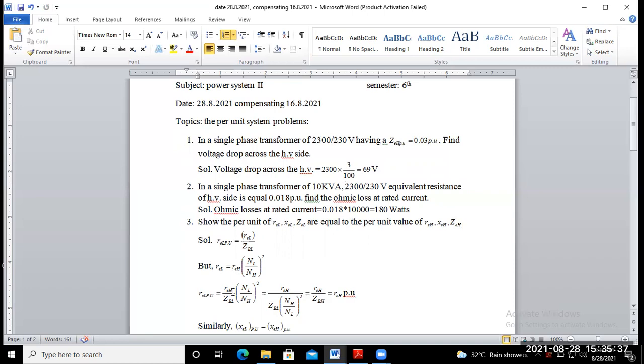So REH into NL by NH whole square, divided by ZBL, the base impedance of the low voltage side. Just try to change this one. So REH is the same as the previous one, and ZBL into this NL, if you want to write here.